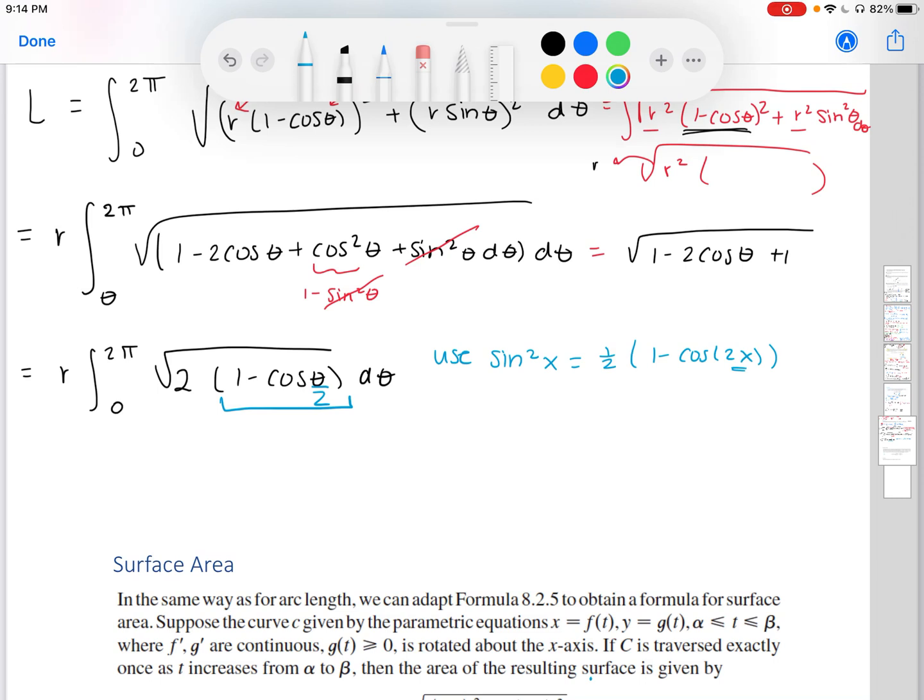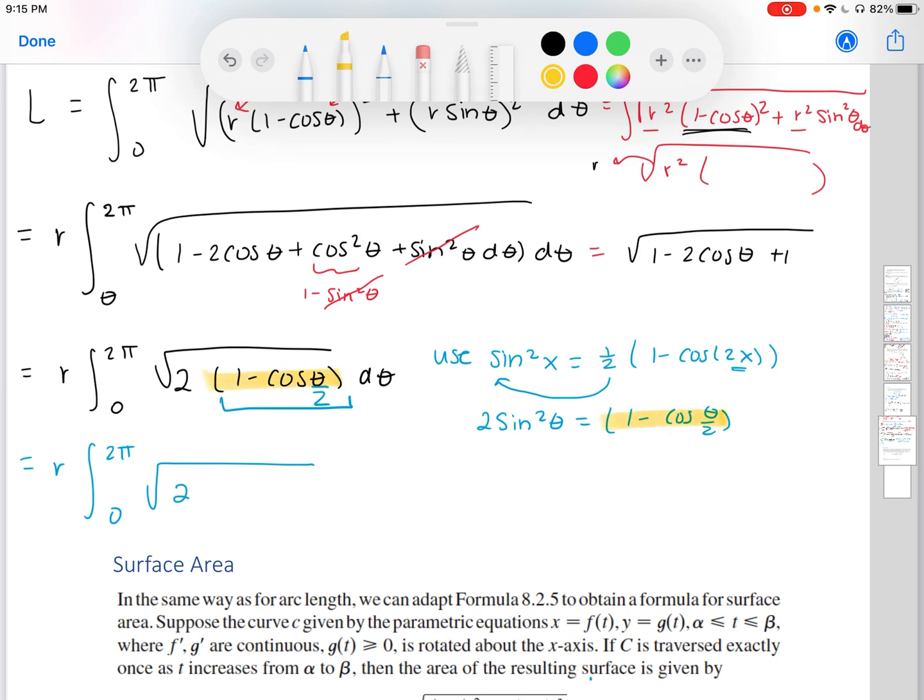So if we use that, we can replace it with... now let's multiply 2 to both sides. So we have 2 sine squared theta over 2 is the same as 1 minus cosine of theta, which is what we have here.